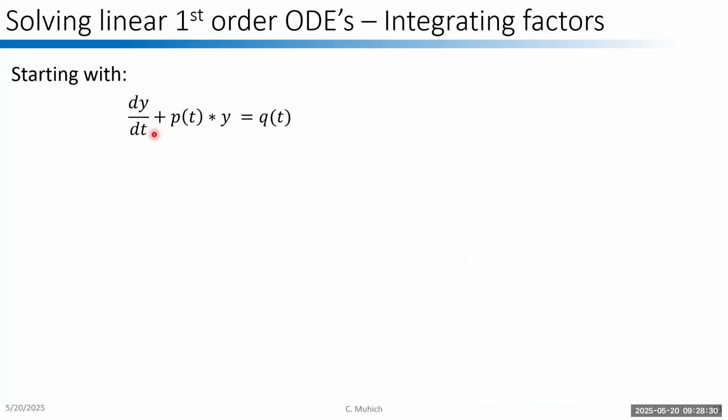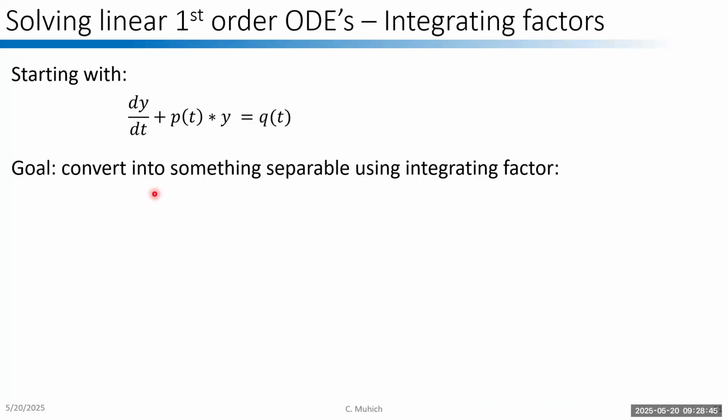So let's have our dy dt plus some arbitrary function of t, we'll call that p of t, times y, remaining linear in y, equals some function of t where y doesn't exist. The goal is to convert this into something that is separable using an integrating factor.